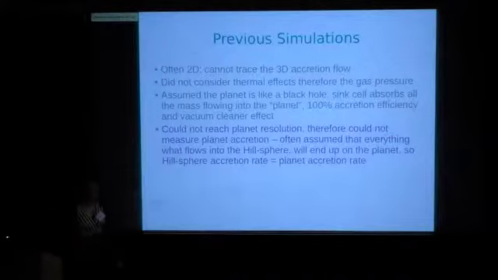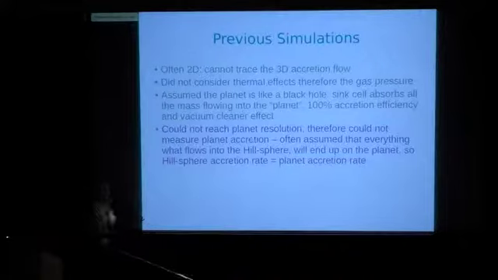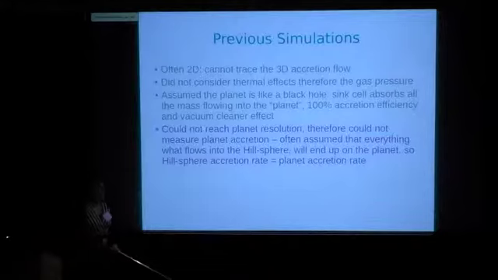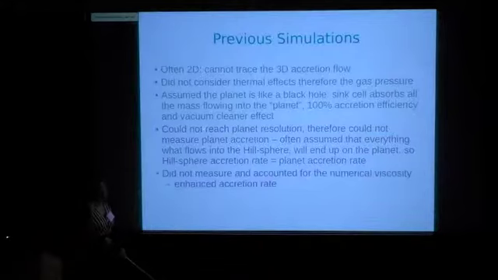So they thought that the heliosphere accretion rate would be equal to the planet accretion rate. As you saw in the video or even in the meridional circulation plot, there is quite some outflow also from the heliosphere. So it's not true that everything that enters the heliosphere will end up on the planet.